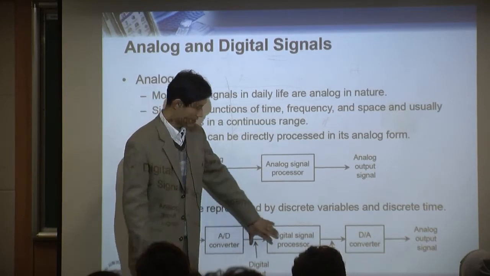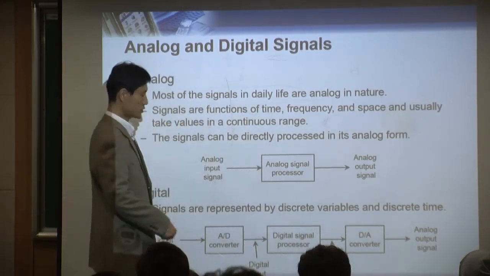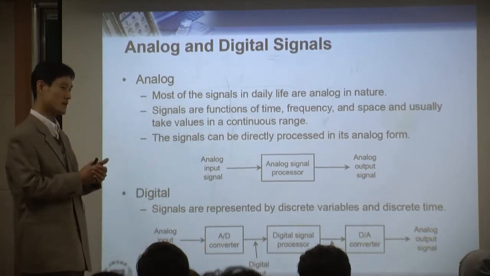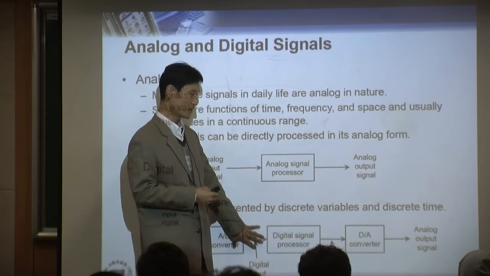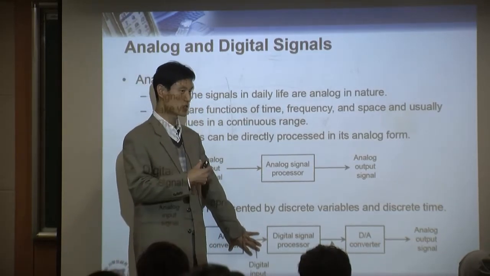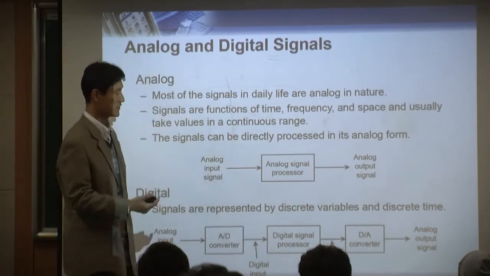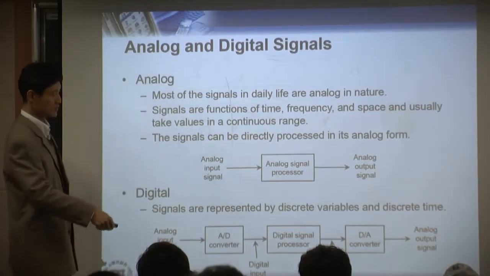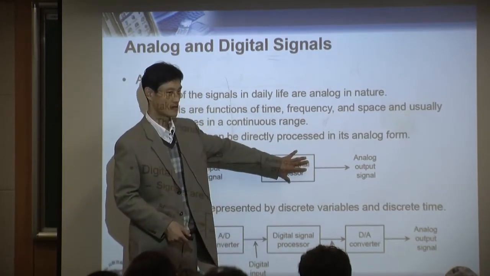But in fact, this one is using the digital signal processor, so it is much better in many different ways. It is much better in terms of error, especially when you have an error. And also it is much cheaper, much more cost efficient. So we always use this kind of technique. We never use the analog one, right?